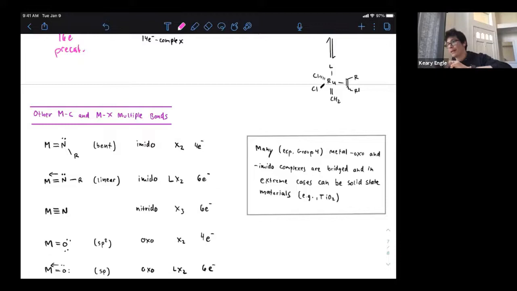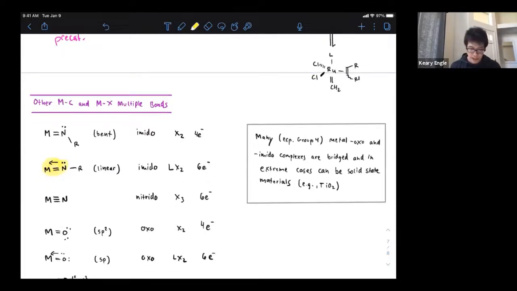The linear one, the lone pair is engaging in so much pi bonding to the metal that actually it's rehybridized to sp hybridization, and I've tried to represent that here. Sometimes it will actually be drawn like this, but more generally it would just be drawn as the linear form when you need to infer that this is what's going on.